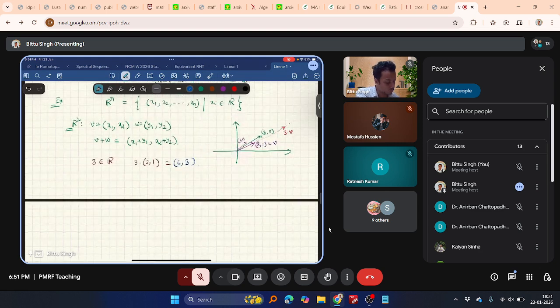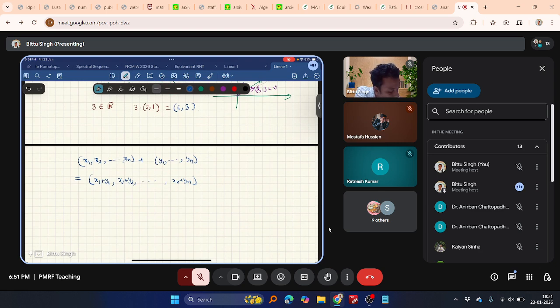So here x1 up to xn, and suppose there is another element y1 up to yn, then their addition will be given pointwise: x1 plus y1, then x2 plus y2, up to xn plus yn.